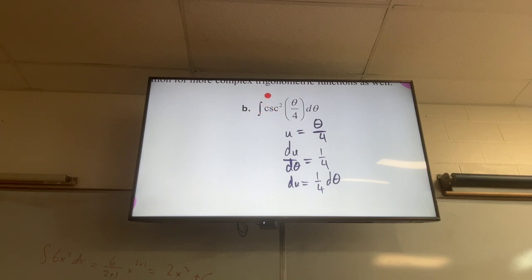I need a 1/4. I want to sub in du up here, but I can't sub in du directly for d theta. I can only sub it in for 1/4 d theta. So I need it to be a 1/4 right now. What do I need to insert on the outside of that antiderivative symbol then?